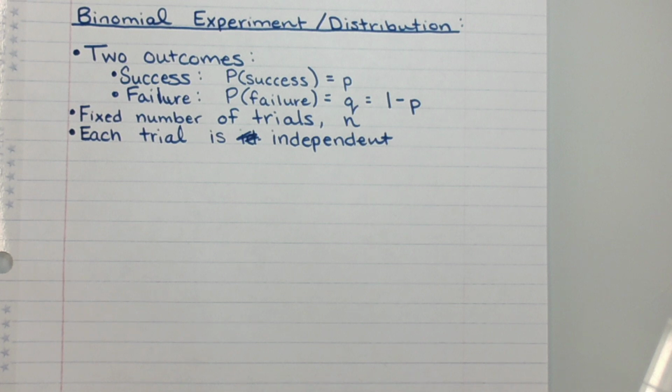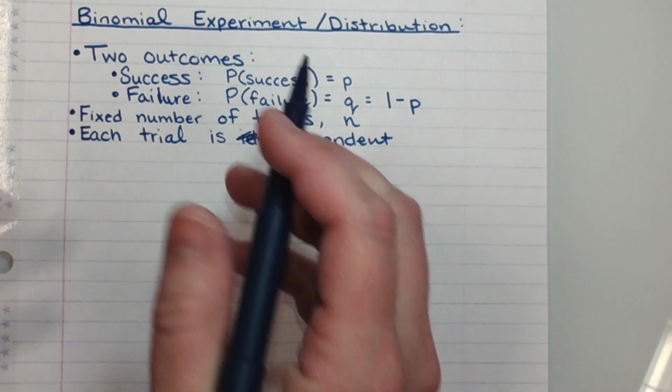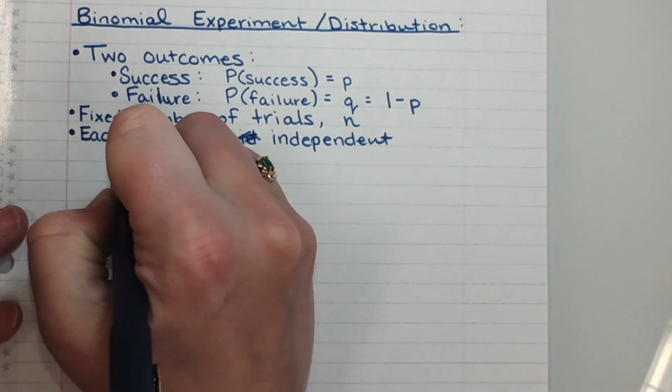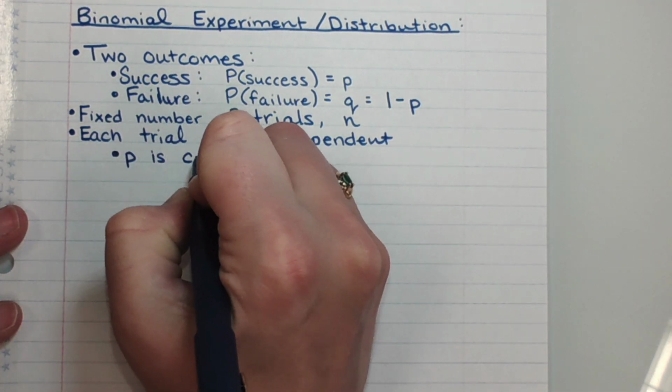One doesn't affect the other one. Something doesn't rely on something else. In probability, that means my ability to get a success does not change based on what has happened prior. Specifically, p is constant.